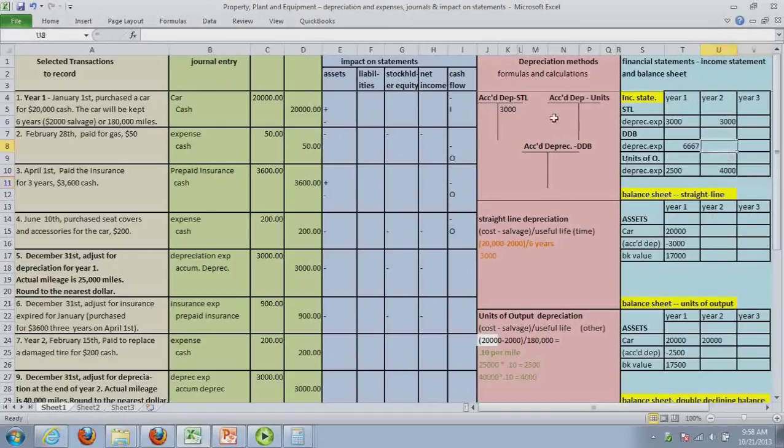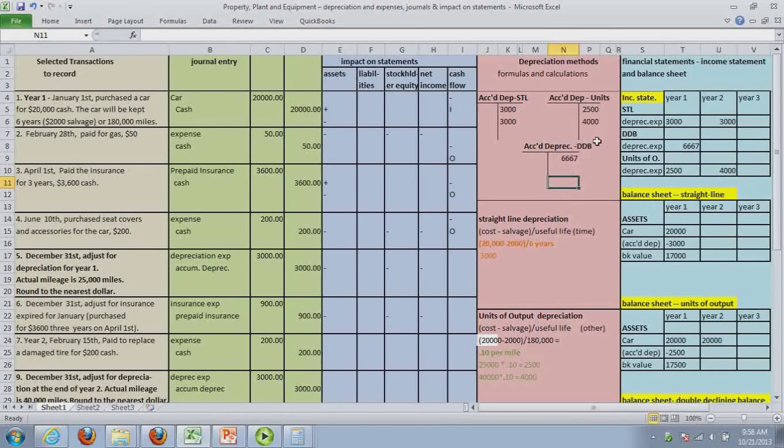So if I do my accumulated depreciation, I have 2 years of straight line. Accumulated does increase, it's a permanent account, it's a contra asset. And then the units of output started with 2,500, and then it went up to 4,000. And then your double declining balance was 6,667.